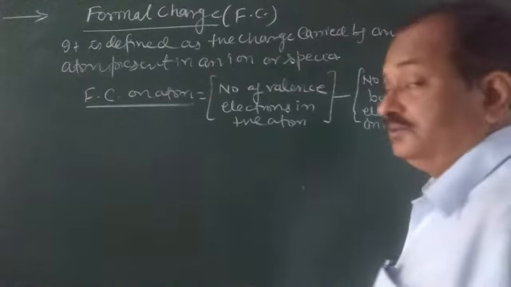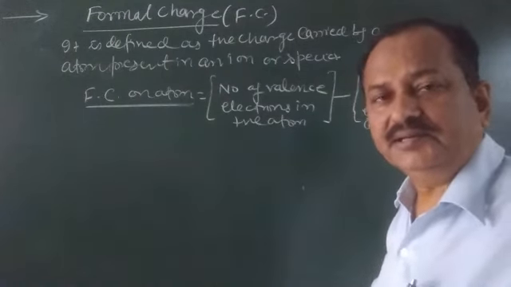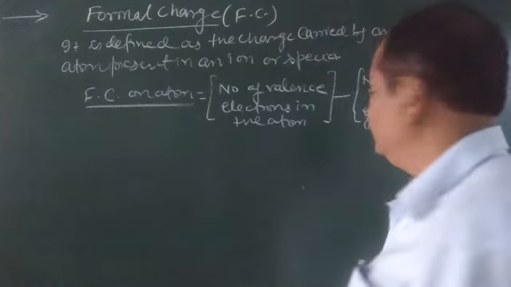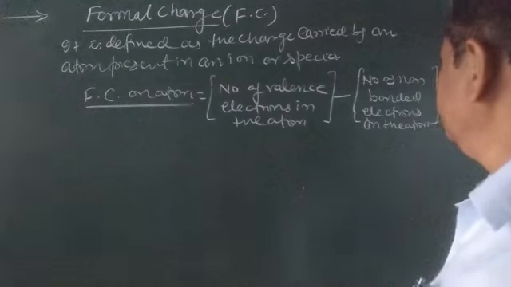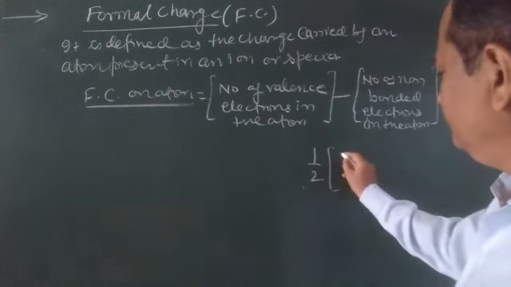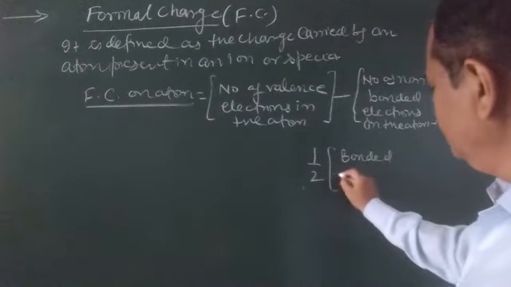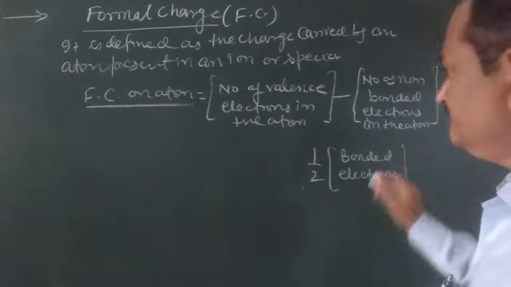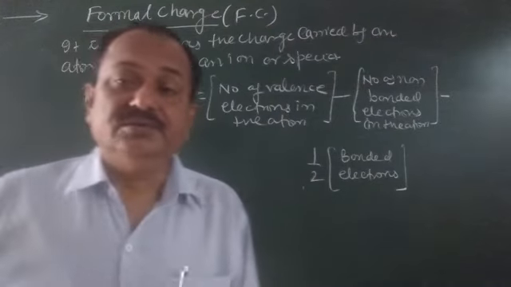Non-bonded electrons means the electrons which do not take part in the formation of a bond, or which are lone pair electrons, minus half of the bonded electrons. So this is the formula to find out the formal charge.